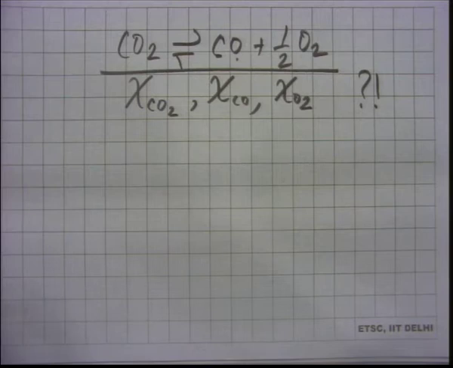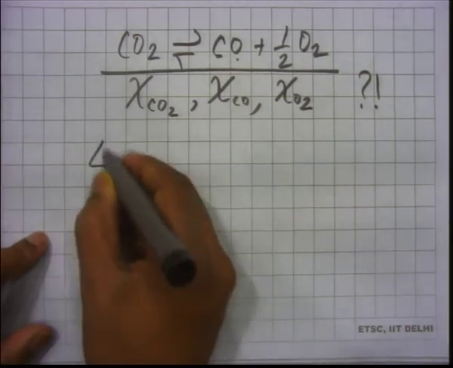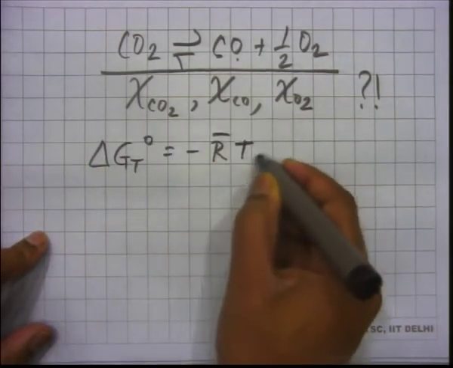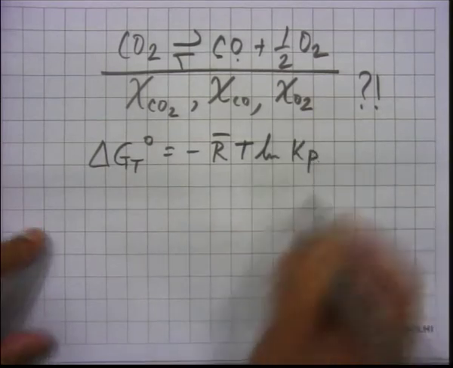So, how do we calculate all this? We already have a tool. We need three equations, we understand now, because there are three unknowns. We will use this delta G T naught equal to minus R bar T log of Kp.